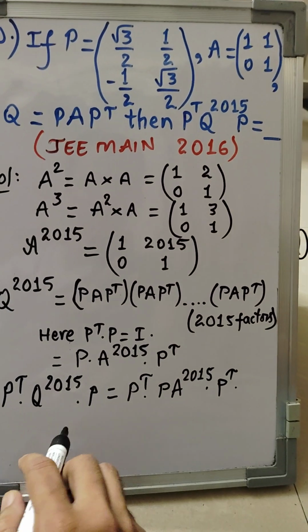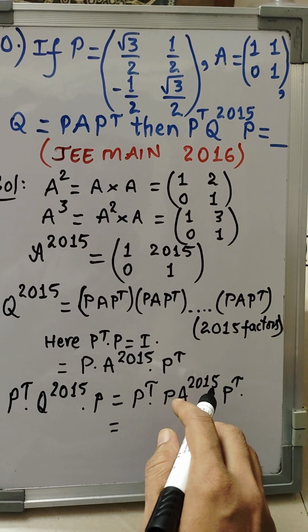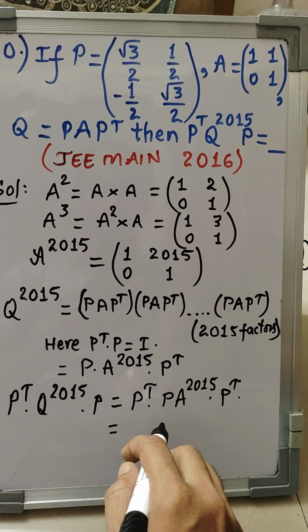Then P transpose into P becomes I here. I into A power 2015 is A power 2015.